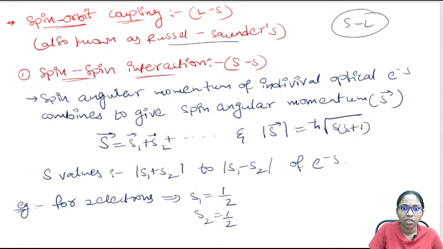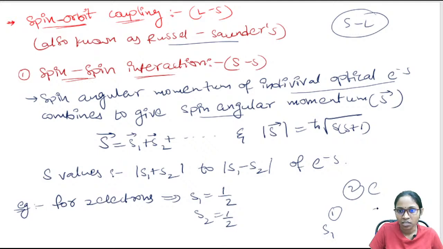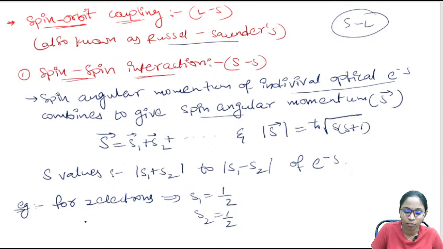Spin-spin interaction is stronger as the spin angular momenta of individual optical electrons combine to give the total spin angular momentum. For example, if we have two electrons, the spin angular momentum of one electron and that of the second electron will combine to give the total spin angular momentum.